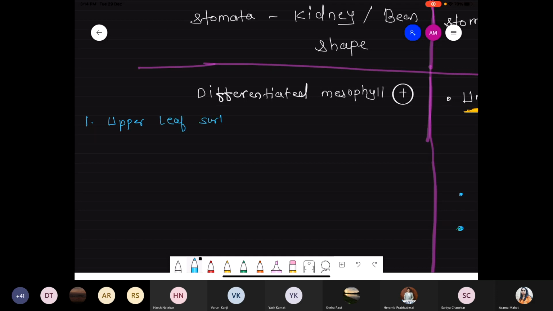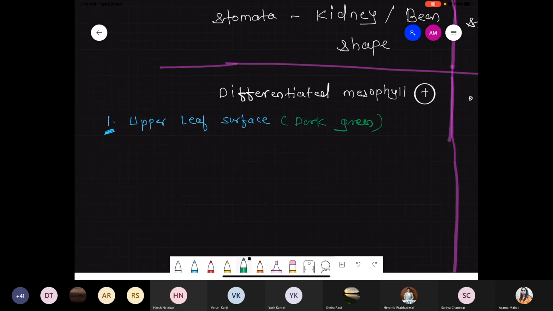Just as we discussed, in the case of the dicot leaf, the upper leaf surface is dark green. They are basically dark green. So we are talking about the reason why the upper layer is dark green.